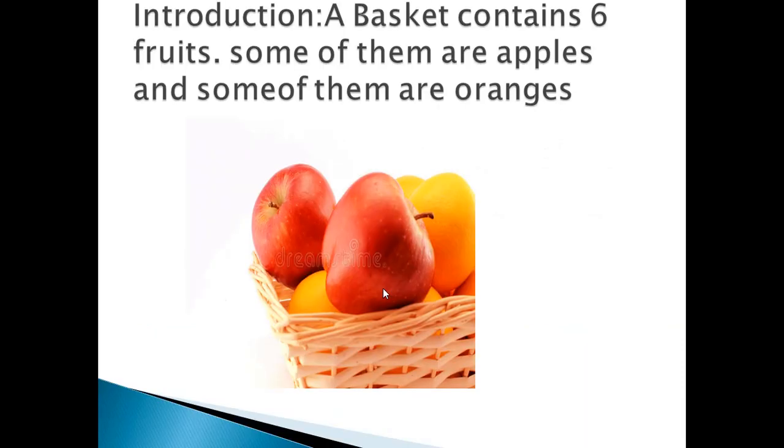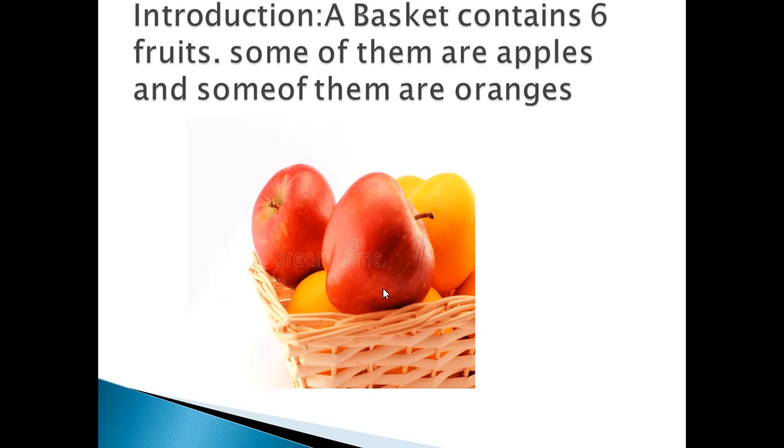A basket contains 6 fruits. Some of them are apples and some of them are oranges. So here we guess there are 6 fruits. So 2 apples and 4 oranges maybe, or 3 oranges and 3 apples, or 1 apple and 5 oranges.